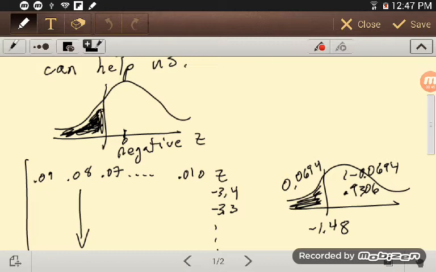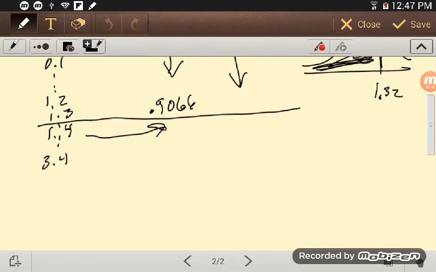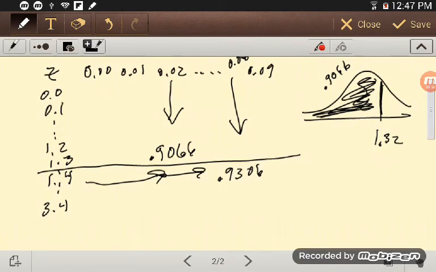I hope what I find is 0.9306. Let's see, 1, 4, and 8. Yes, it is. You'll have to take my word for it as I'm looking at the table, but yes, it is. Because of the symmetry.